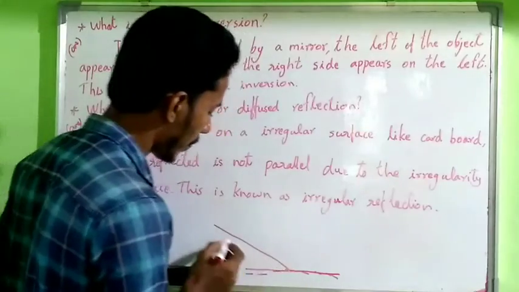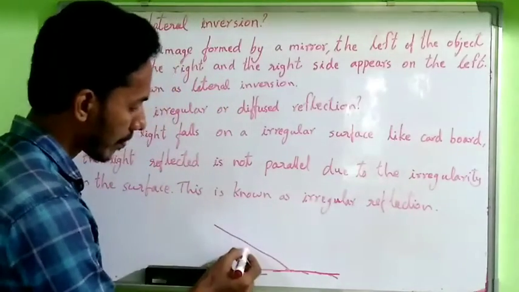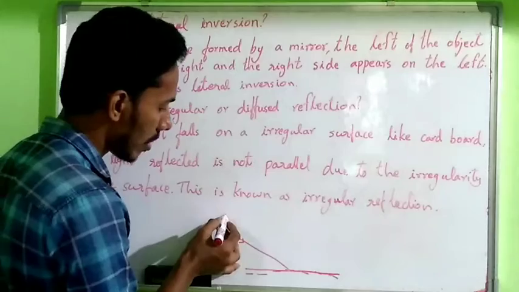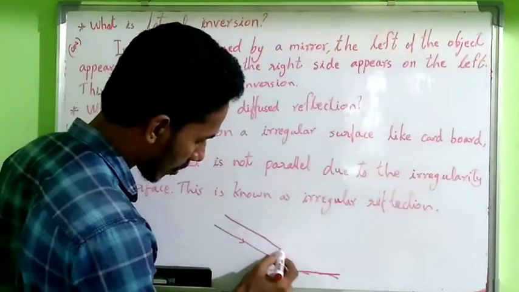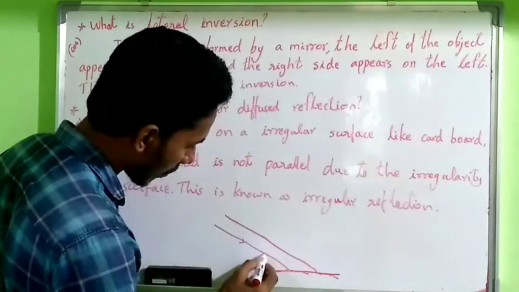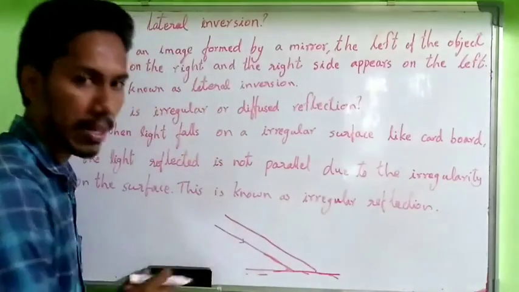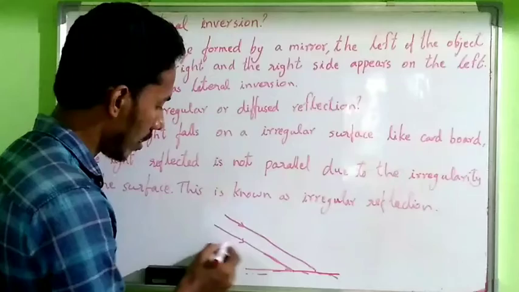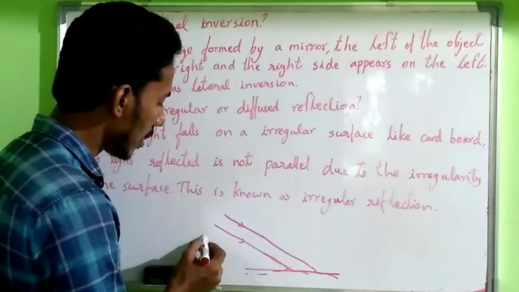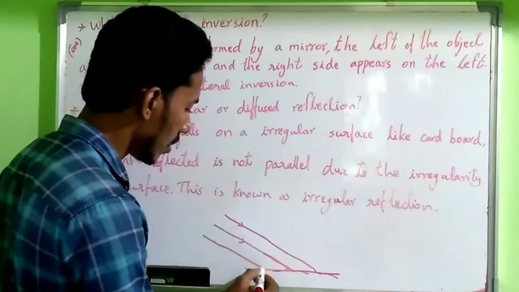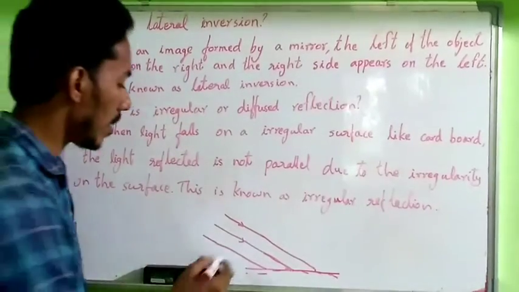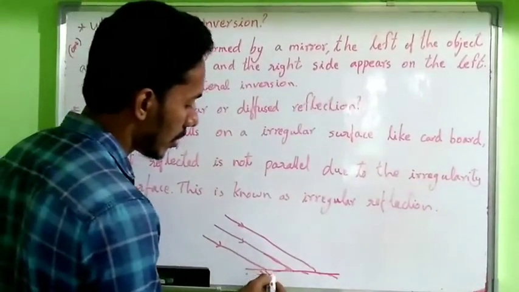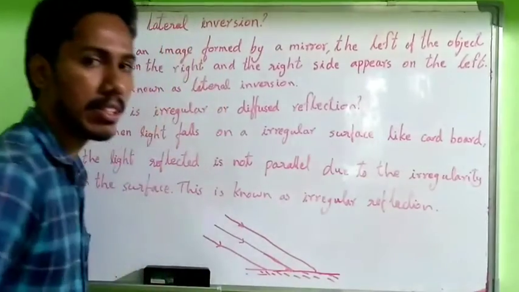This is a ray, and this is another ray, parallel to the first one. Another ray is also parallel. These are three parallel rays that hit the mirror.